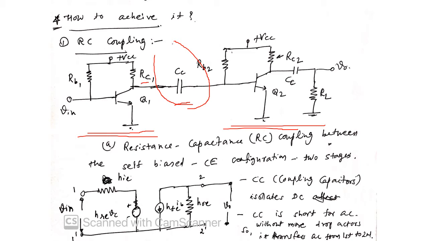We know the function of a capacitor: ideally it is open for DC and short for AC.